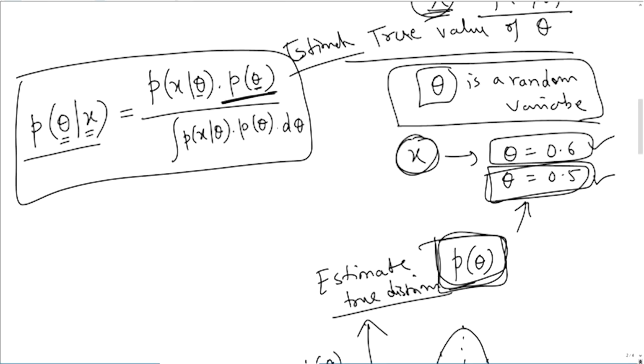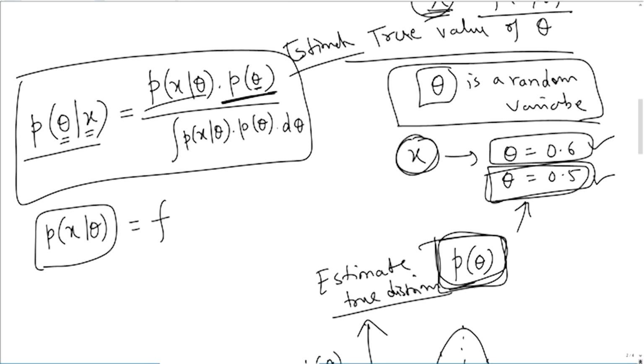This first term, P of x given theta, you can call it the probability density of observing this data given a particular value of theta. But what actually happens here is that this is exactly the same term that is in your function, right?